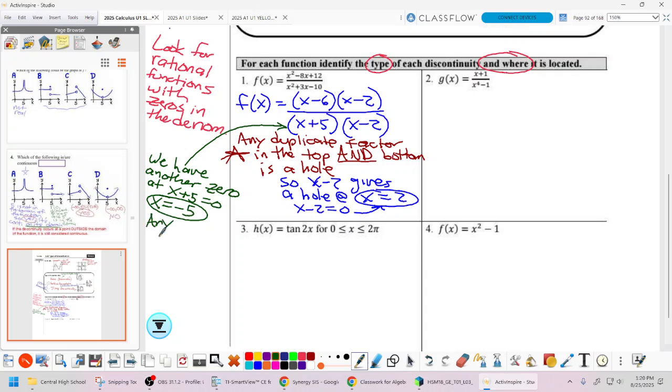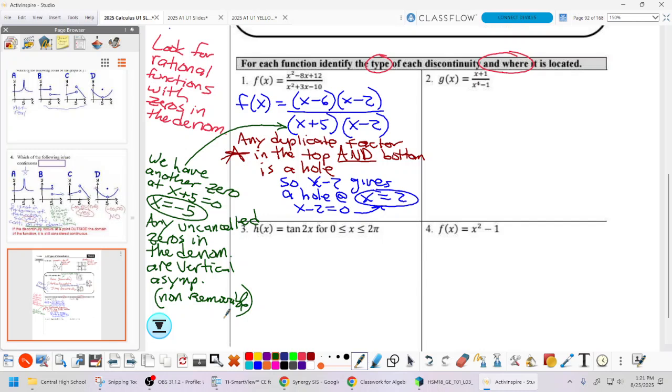This is kind of the notes part. Any uncancelled zeros in the denominator are vertical asymptotes. And so they are non-removable.